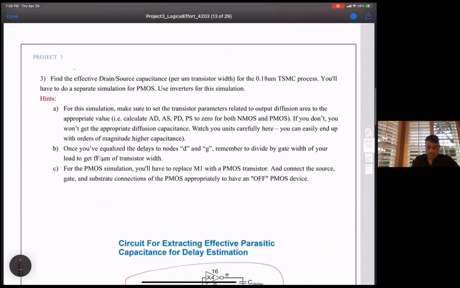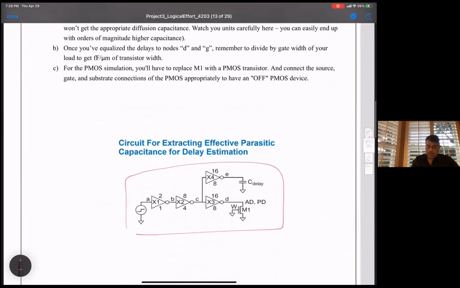Now in step 3, you're trying to measure the drain capacitances. Same procedure, pretty much. This is showing what happens in an NMOS case. You pick a certain device. I would make this more than minimum, maybe 10 micron wide, maybe 50 micron wide.